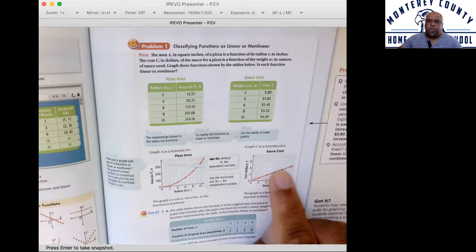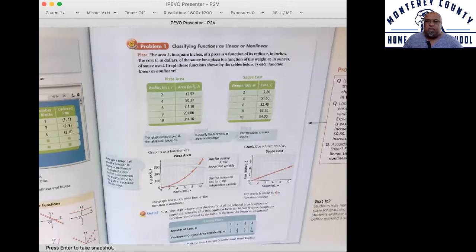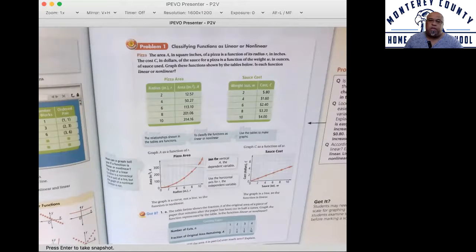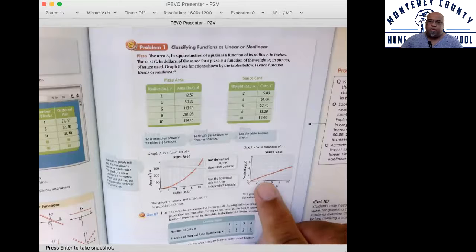The cost goes up at the same rate that the weight goes up. Okay. Well, sometimes there might be changes, especially sometimes stores will sell things if you buy a larger amount, then the price will go down. So sometimes there won't be a perfect line. It probably won't be a curve though. It's probably going to be more of like a line that stops and then changes direction.